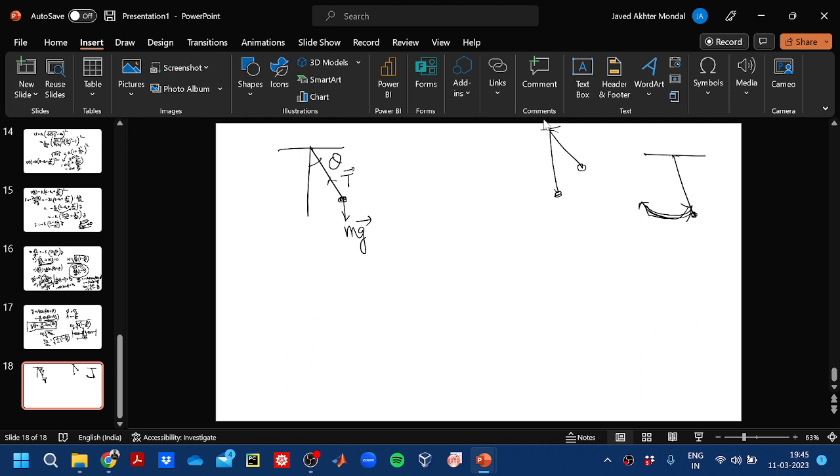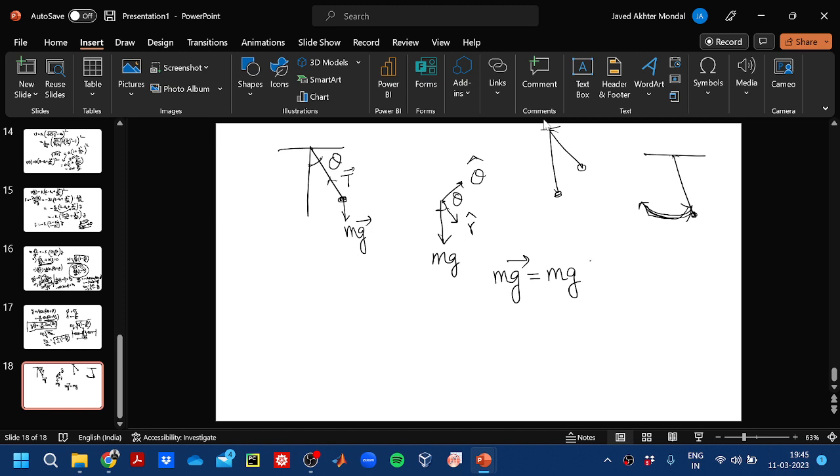If we solve this in polar coordinates, so this is our r cap direction, and this is our theta cap direction, and this is the direction of force. This mg we can write as m into g, and since this angle is theta, this is also theta.